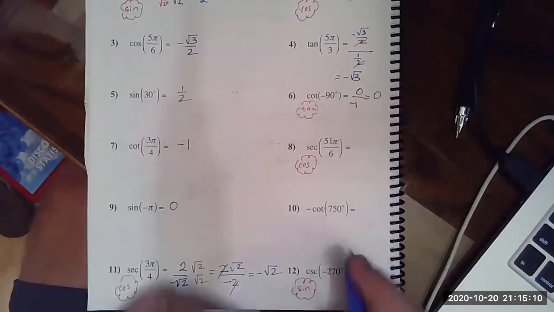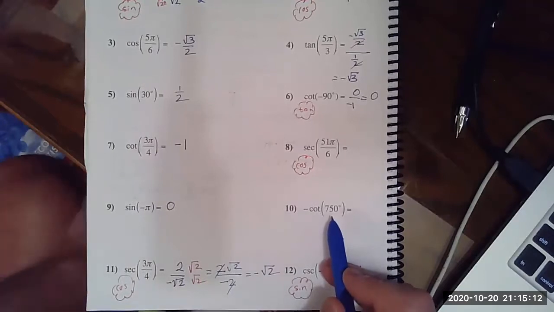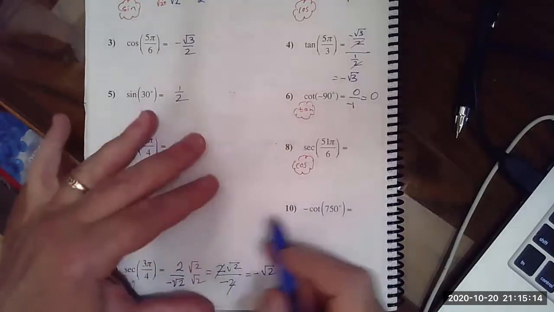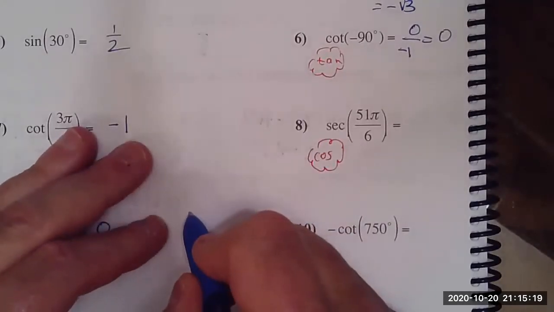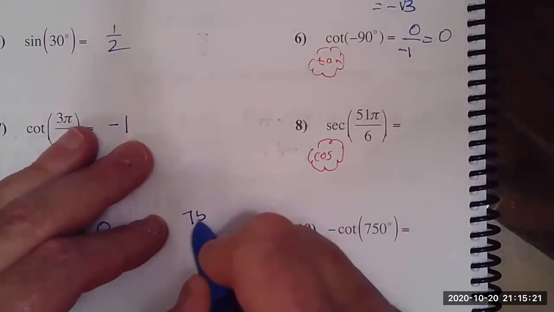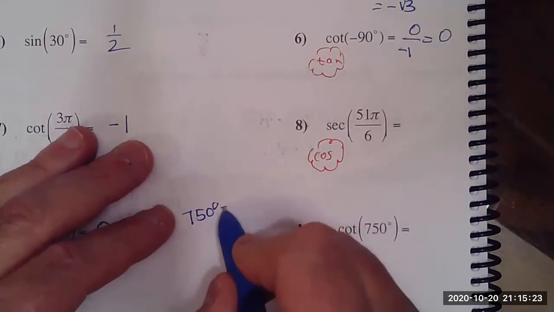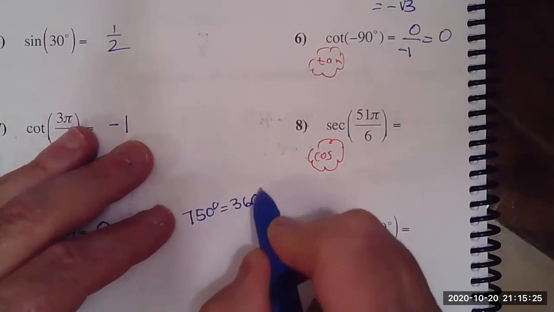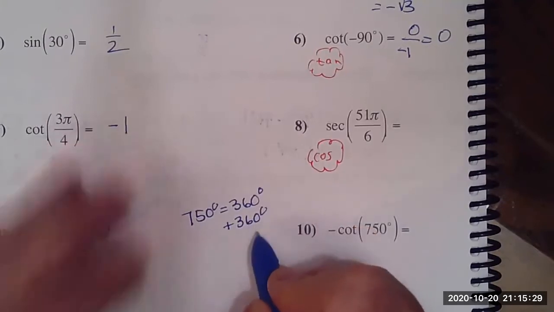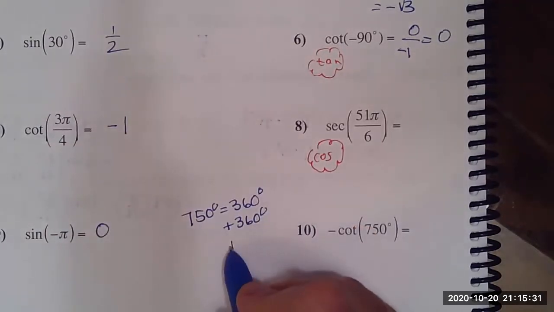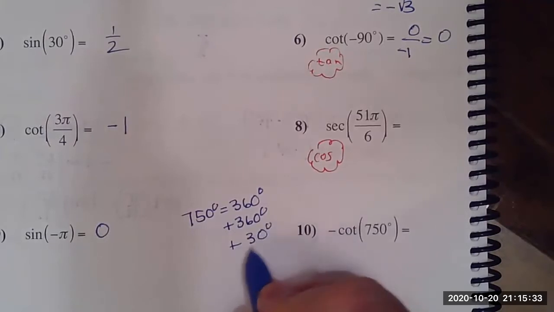All right, let's do the degrees first. 750. Now, when I do 750, I'm thinking 750 degrees is equal to 360 degrees plus 360 degrees, which is 720, plus another 30 degrees.